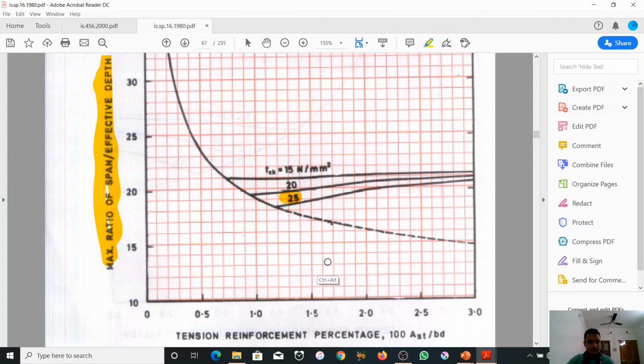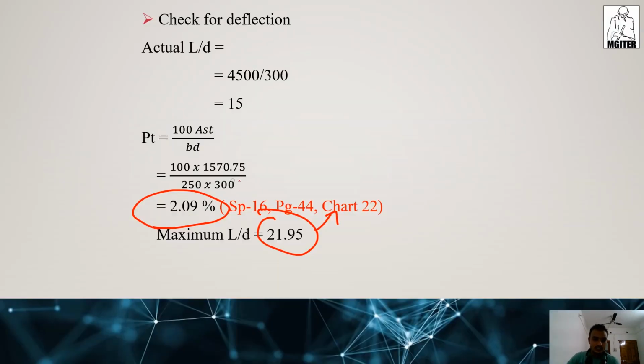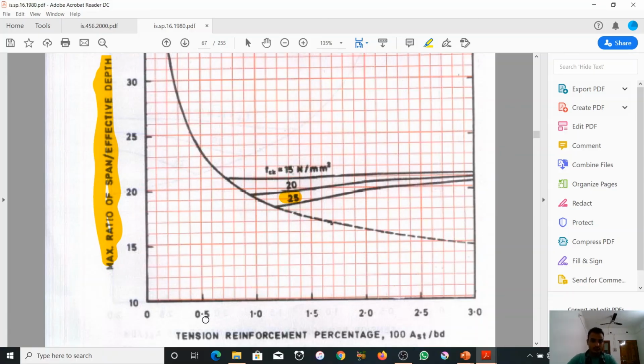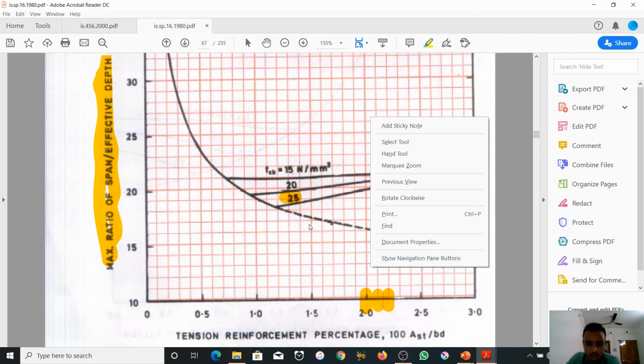What is pt? Percentage of steel is 2.09. Look at here, pt is 0.5, 1, 1.5, 2.0, here is 2.1, 2.2. So where is 2.09? Between these two.